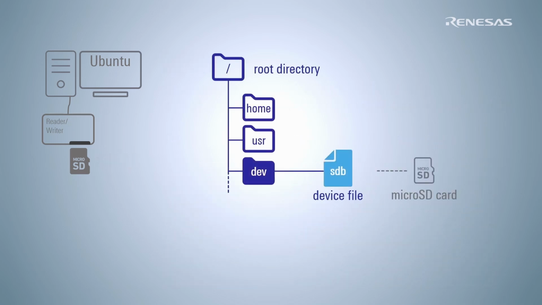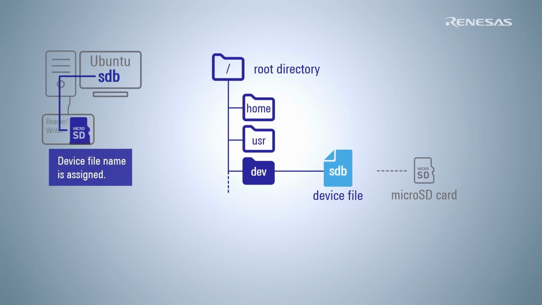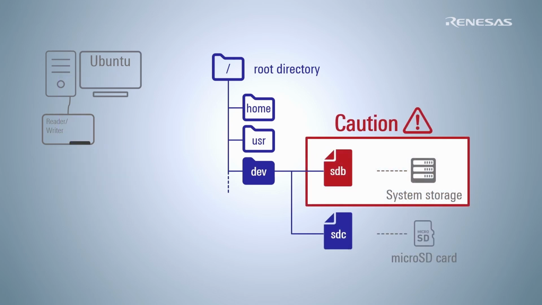On Linux PC, the micro SD card is controlled by the device file name. In this tutorial, we use sdb. The device file name is assigned by the Ubuntu PC system when it recognizes the micro SD card. On your system, the device file name sdb may be assigned to other media.